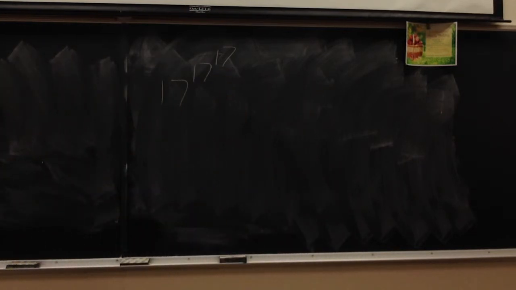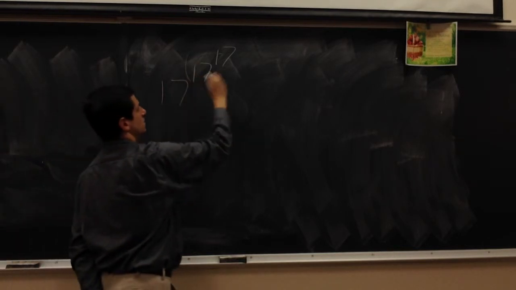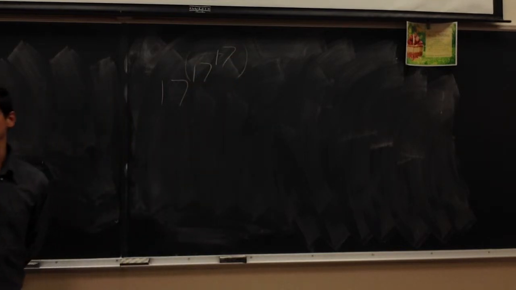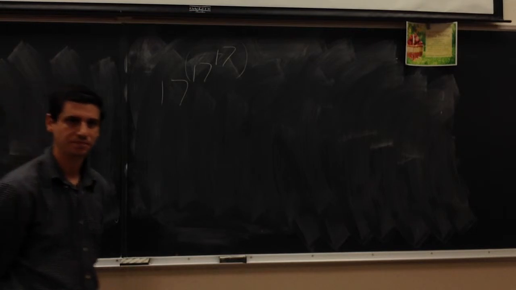I could read it as 17 raised to the 17 to the 17, or I could raise 17 to the 17 and then raise that to the 17. Which do you think this means? I think they mean it like this. And if you look at the size of the numbers, I think this is what they're trying to get at based on how they format things.